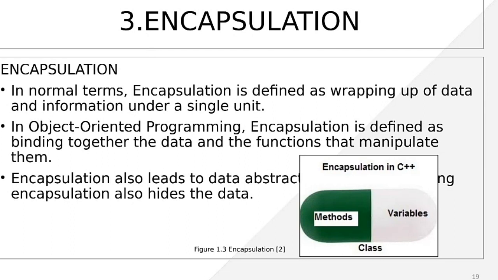Everybody has seen a capsule, the capsule that we eat, it looks like this, yes or no? What exactly will a capsule do? It will merge two things into one, wrapping up of data and information into a single unit, right? That is encapsulation. Now what is wrapping? Wrapping up of data.